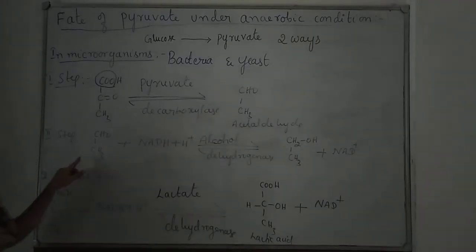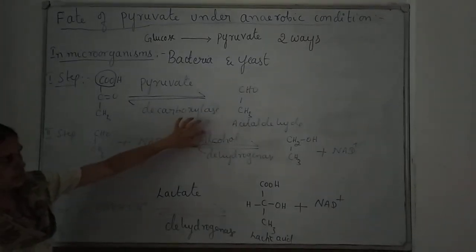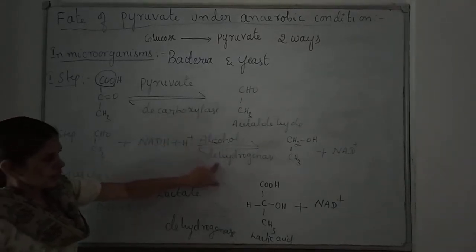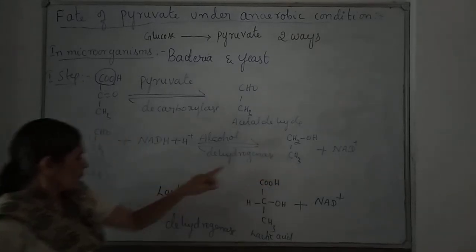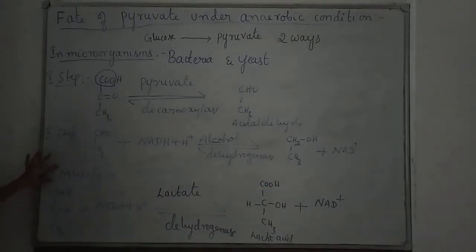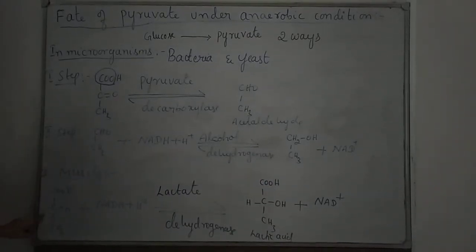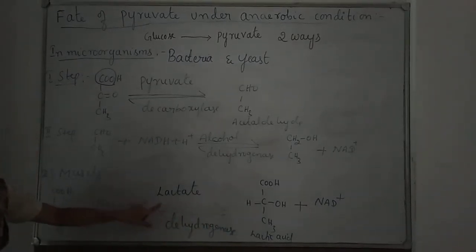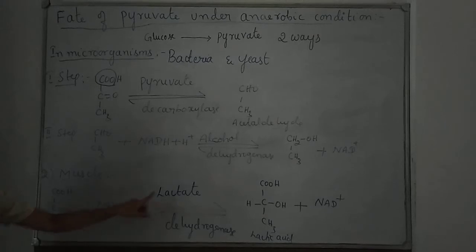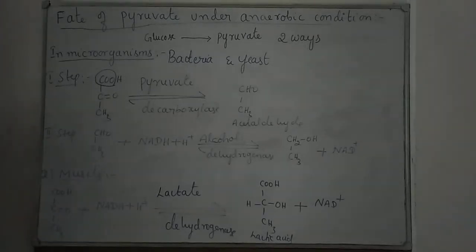In the second step, acetaldehyde is reduced by NADH in the presence of the enzyme alcohol dehydrogenase, also known as ADH, to form ethyl alcohol. And in case of muscle and lactic acid bacteria, the pyruvic acid is converted into lactic acid in the presence of the enzyme lactate dehydrogenase, and this reaction is known as reduction.